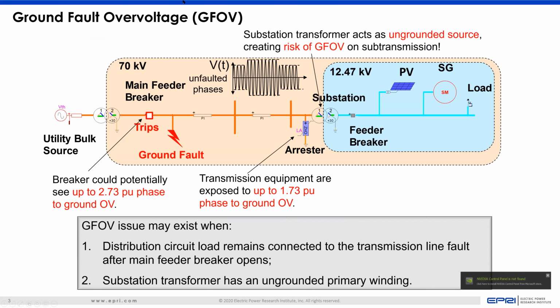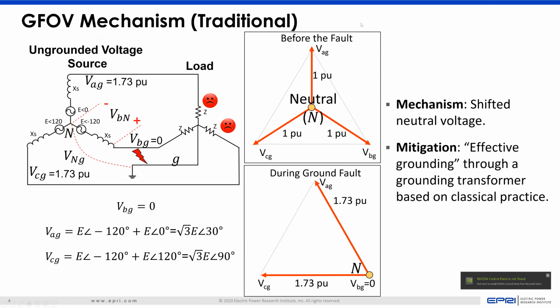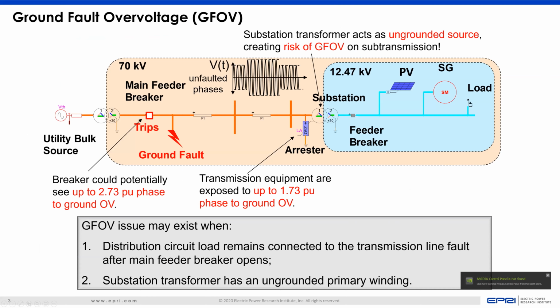And here's a closer look at what exactly it is that we're talking about, ground fault overvoltage. Consider we have a distribution feeder, let's say a 12.47 kV distribution feeder. It contains PV and other types of generators and also loads.